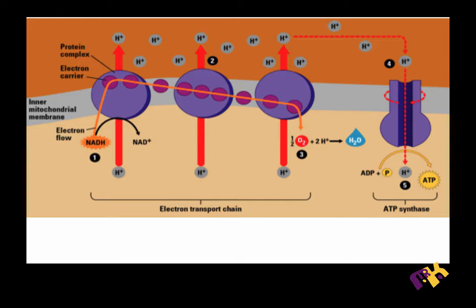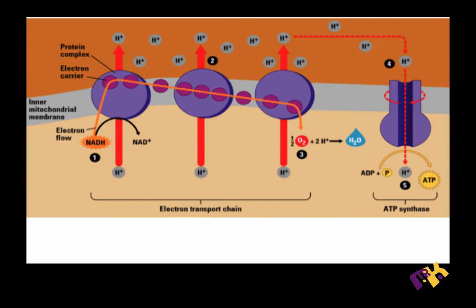So these high electron carrying molecules like NADH and FADH2 will deliver their electrons to the chain. And as they move along the chain, they're going to pump H pluses out. And then to get back in the matrix, they have to go through ATP synthase.